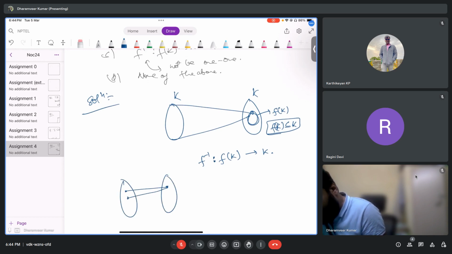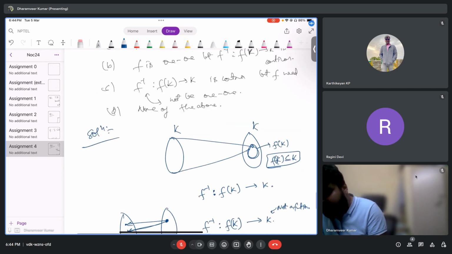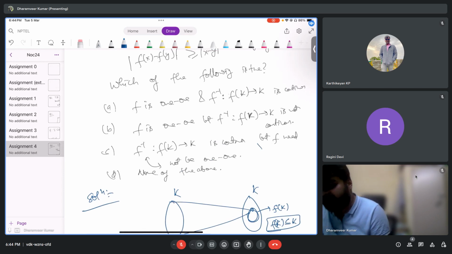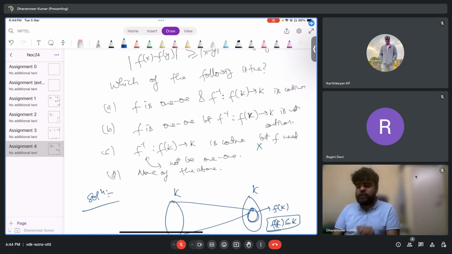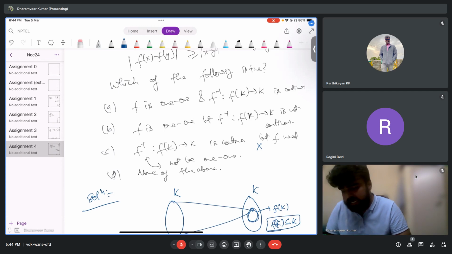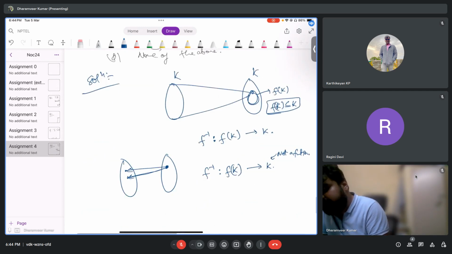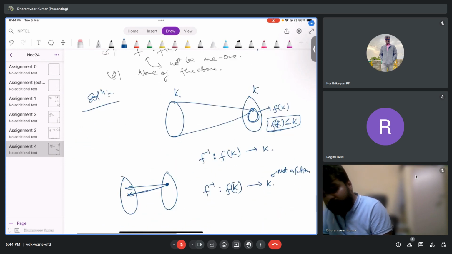Now if you define f inverse from f(K) to K, this point will have 2 images, so it's not a function. If it's not a function, how can it be continuous? So this is wrong, definitely. We just need to check if it is 1 to 1 first, and then also if it's continuous, otherwise it's none of the above.